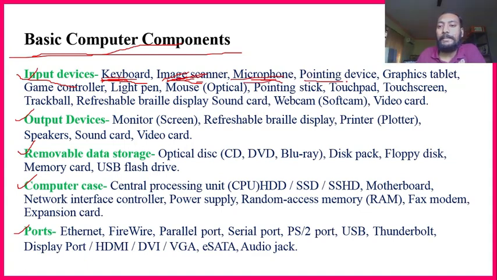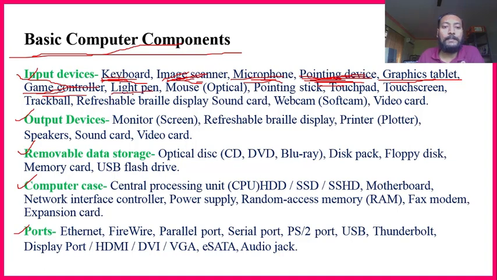Then pointing device. I am pointing something, see, I am pointing here, by using some pen. That is called a pointing device. Graphics tablet, different types of graphic tablets were there for playing games and animation purposes. Game controller, different types of online games are there, so to control the game, some tabs will be there.